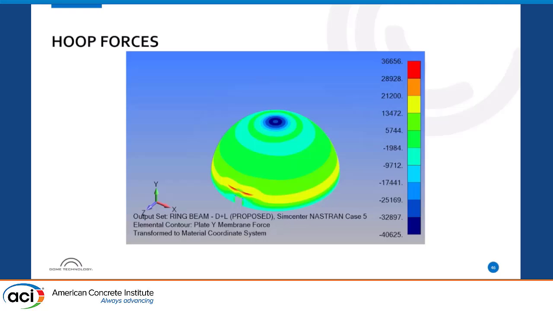As far as hoop forces go, that's the stretching of the dome in the latitude direction. If you think about it as a globe, you can see right here, we've got these heavy stresses that our closed form analysis wouldn't necessarily pick up.